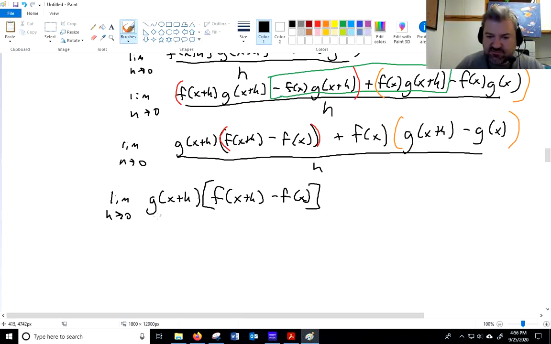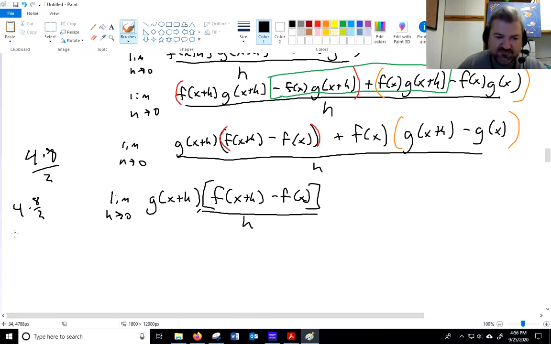And I can say this whole thing's over h, but I can just as easily say just that part is over h, because that's how fractions work, right? If I have 4 times 8 over 2, that's the same as 4 over 2 times 8. That's just how they work, right? Play around with that if you don't believe me. So I'm going to put it there because that's where that h should go for what I'm trying to do.